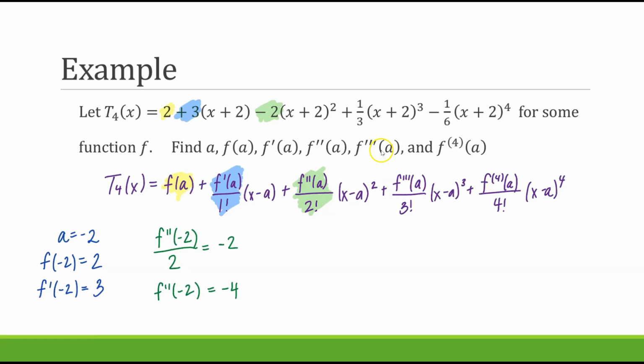And we're going to move on and do something very similar for finding the 3rd derivative evaluated at a. We're going to look at the coefficient in front of x plus 2 cubed, and that's going to have to equal the 3rd derivative at a over 3 factorial. All right, so let's set up our little equation.